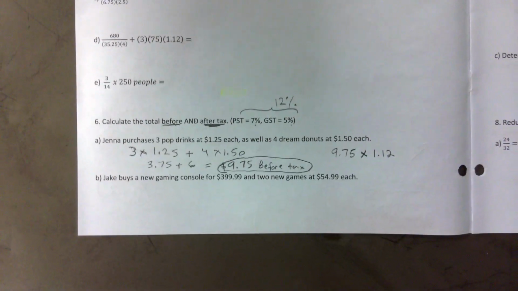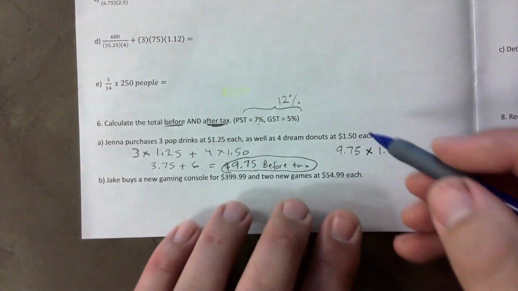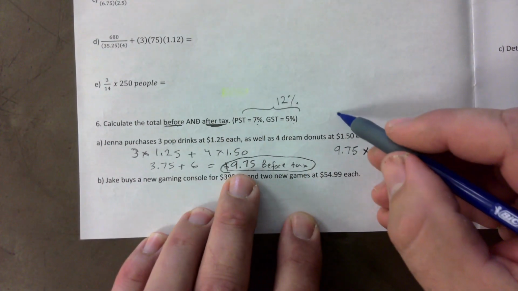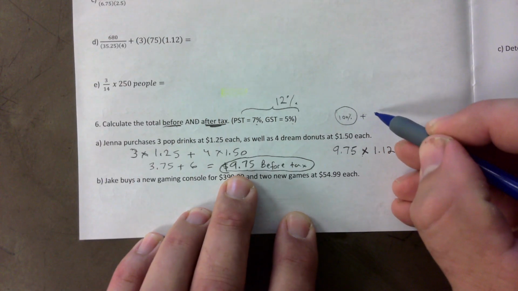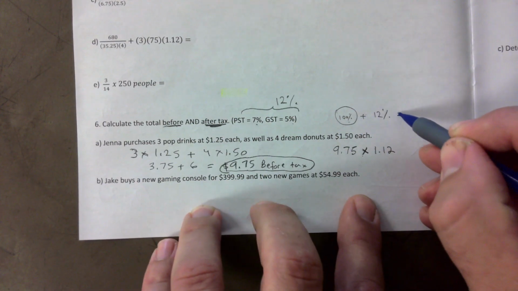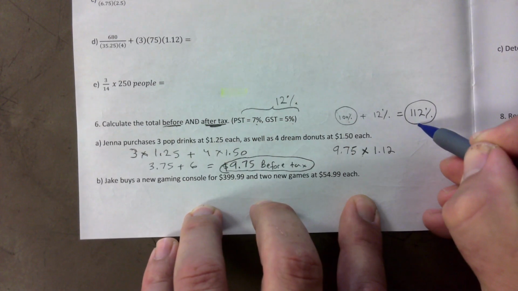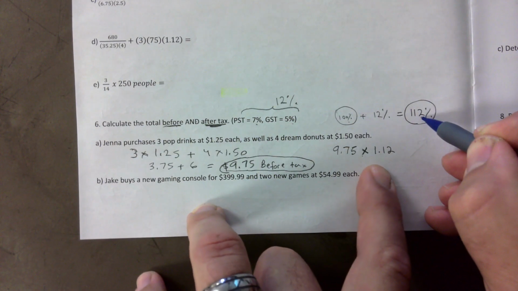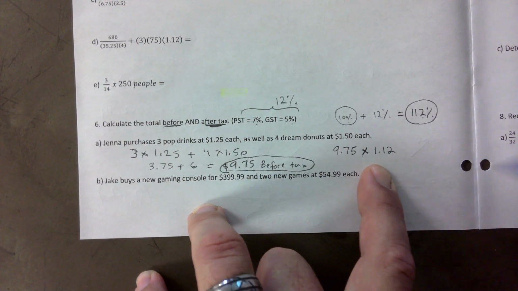I need you to understand why though. Like the 9.75 is like your 100%, right? But you're adding 12% to it, right? 100% plus 12%, it's like you're paying 112% in total. So 112% turned into a decimal would be 1.12. That's where that comes from.